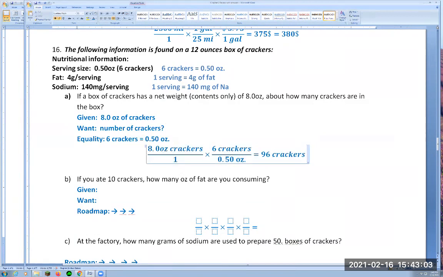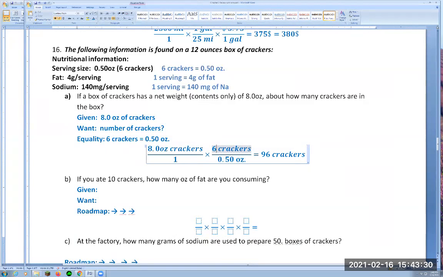So we need to pay attention to sig figs. Here in the given amount 8.0, we have 2 sig figs. In the 0.50 ounces, we have 2 sig figs. The 5 and the 0 to the right are significant. And 6 crackers is an exact number. Remember, exact numbers are obtained from counting things or by definition.